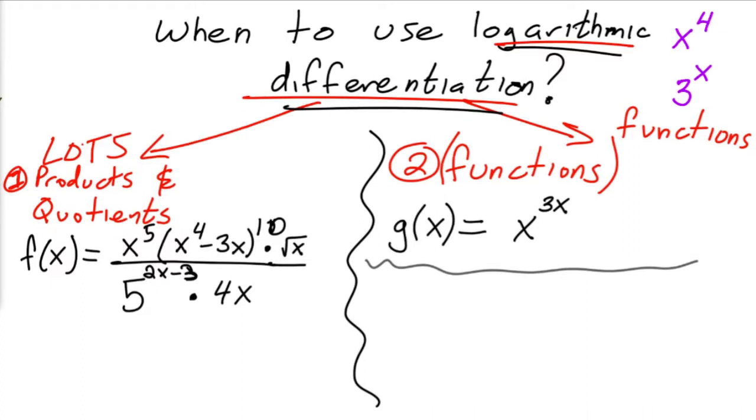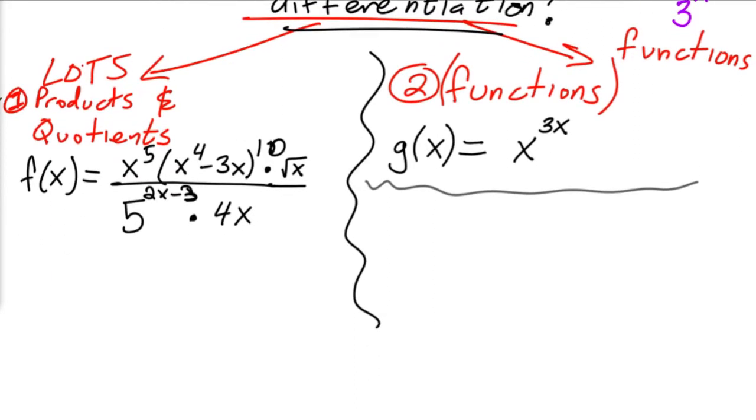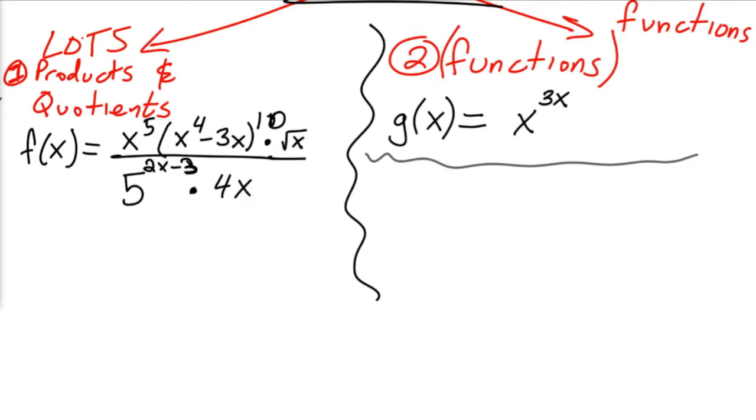So now let's actually do one. Let me write down the steps. Okay. So the first thing you're going to do for logarithmic differentiation, once you identify that it's one of these two cases and you want to use logarithmic differentiation, the first step is to get the natural log of both sides.